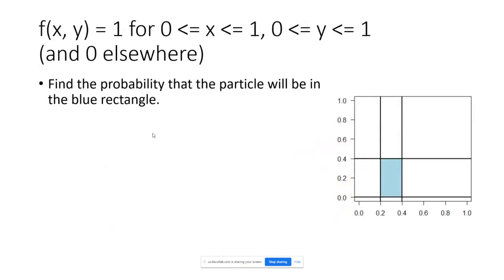So let's find the probability that the particle will be in this blue rectangle. So try writing that as an integral.